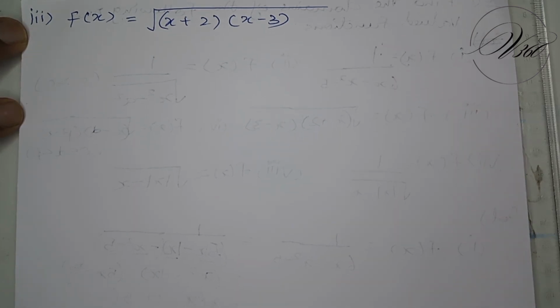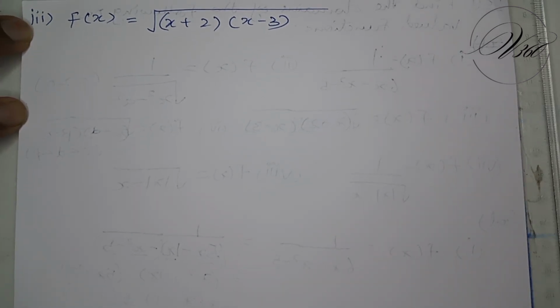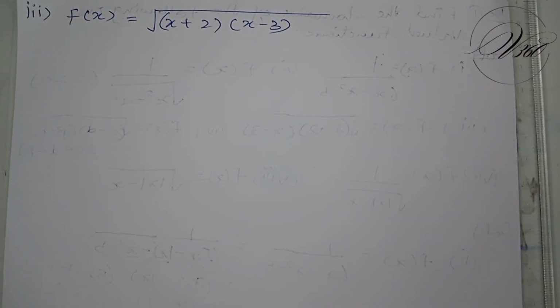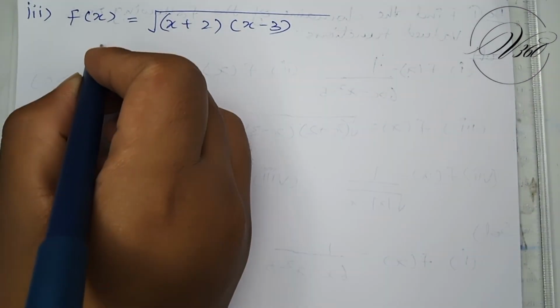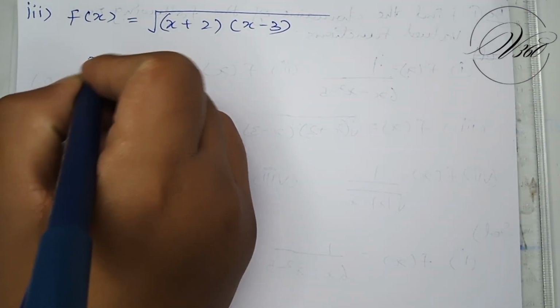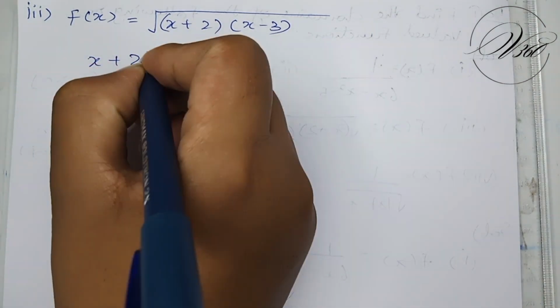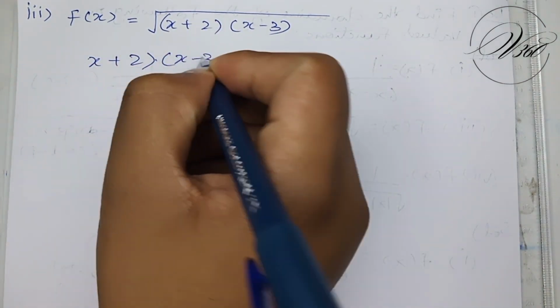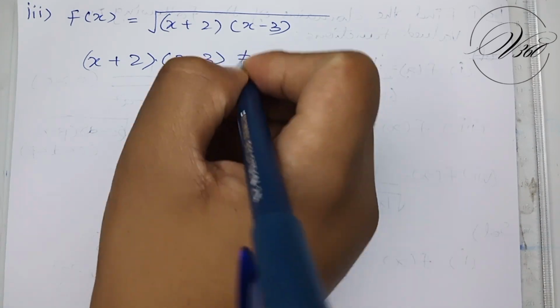Now we are going to solve that. Now here we should take x plus 2 and x minus 3 is not equals to 0.